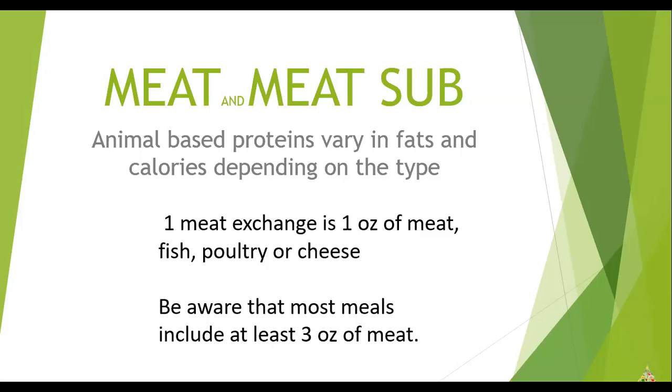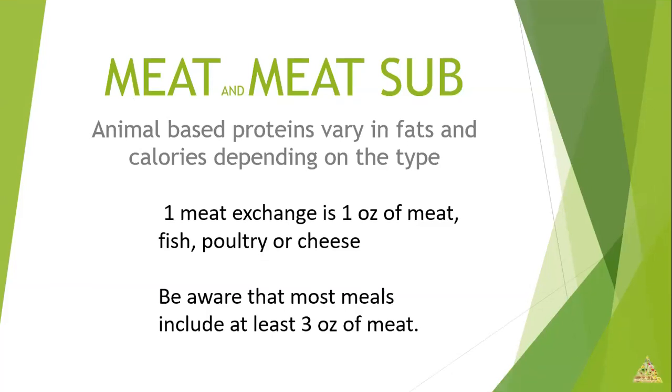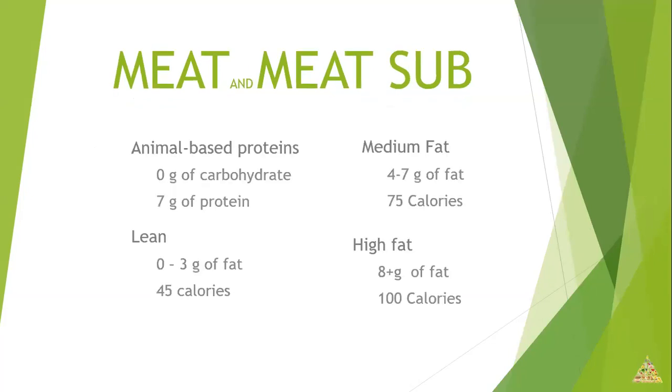So one meat exchange is 1 ounce of meat, fish, poultry, or cheese. And beware that most meals include at least 3 ounces of meat. Animal-based proteins have 0 carbs and 7 grams of protein.